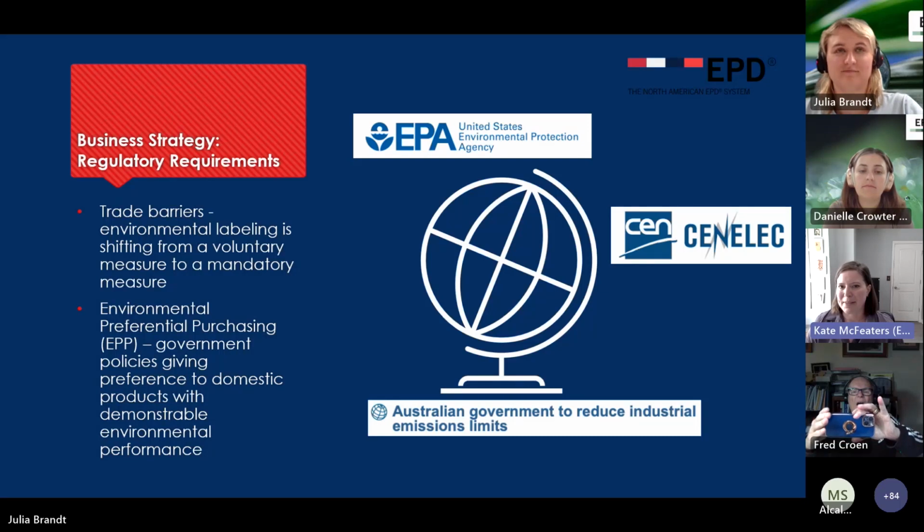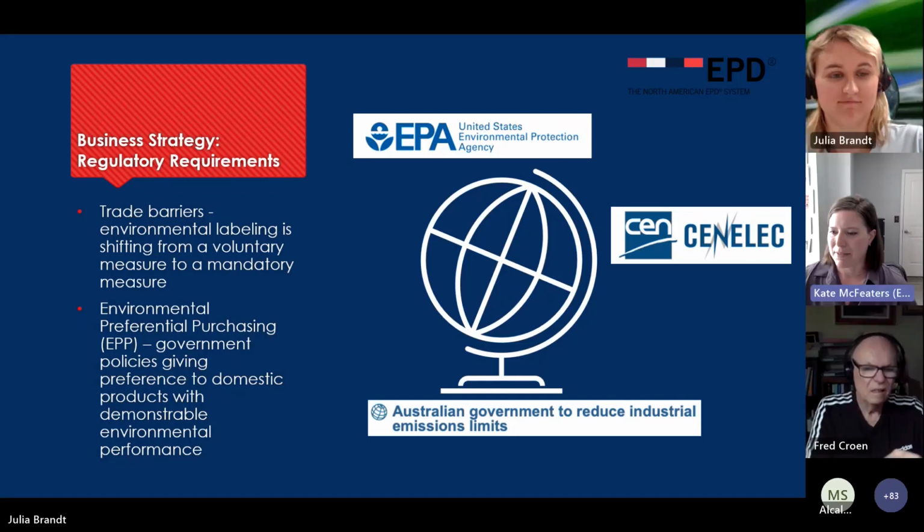Another element of business strategies is the regulatory requirements. So over time, we're moving from a place where having EPDs for products has been a voluntary measure, and that is shifting to becoming mandatory in a lot of different areas.